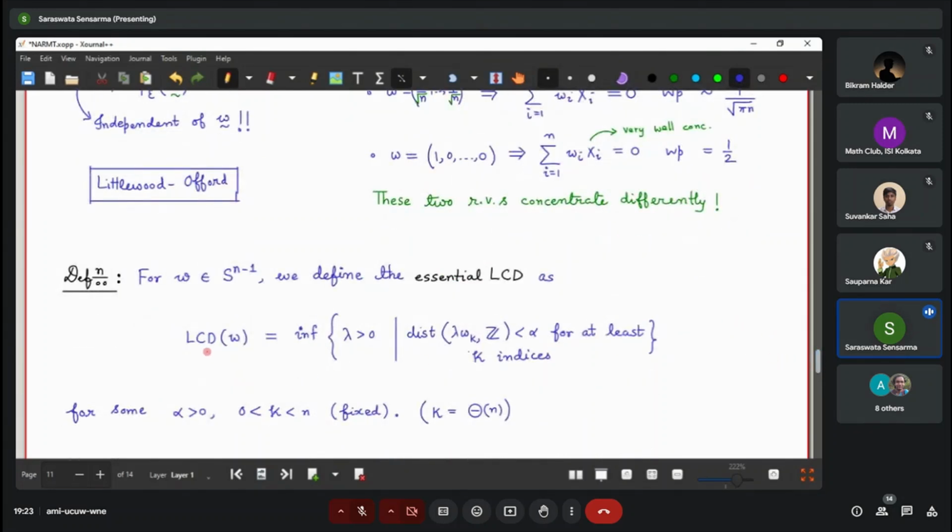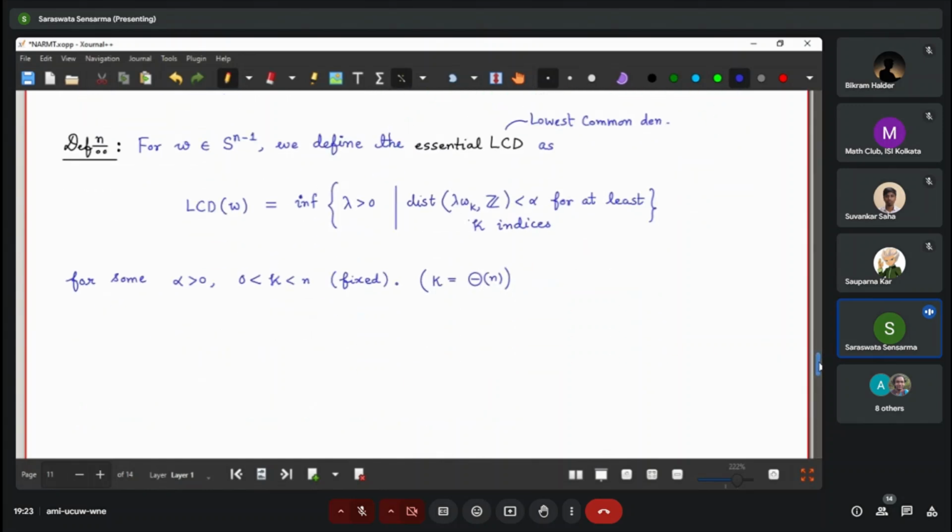In what sense do we mean a good arithmetic structure? We define this LCD. We define the essential lowest common denominator of a vector as follows. It basically is the infimum over lambda. Let me draw a diagram.